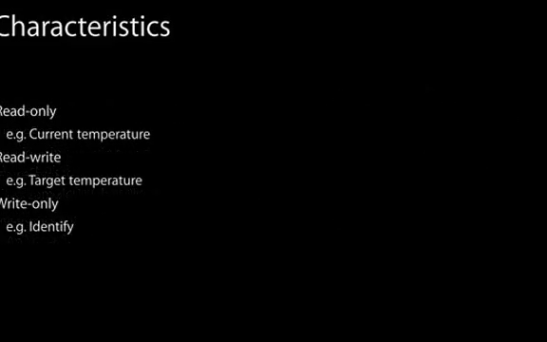So characteristics can be of a few varieties, with these main ones. Some characteristics, you only read the values from them. So you might say, what is the current temperature outside or inside? You have a thermostat, it tells you the current temperature. You don't need to write to the current temperature. You can't directly, immediately change that with a digital command.